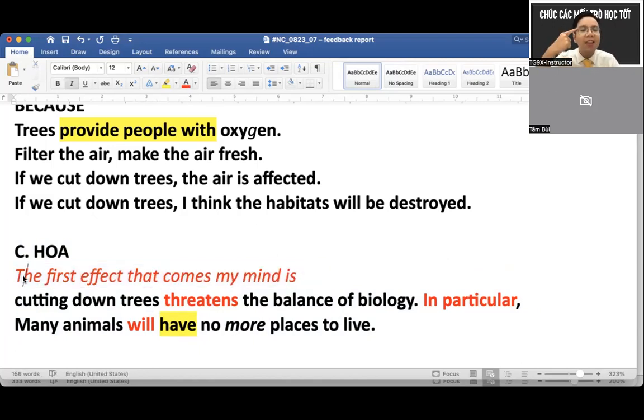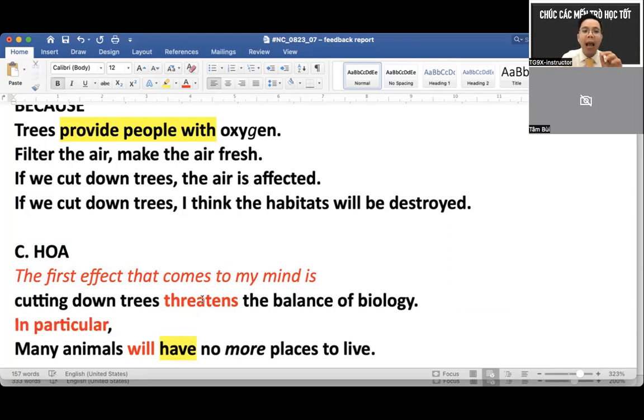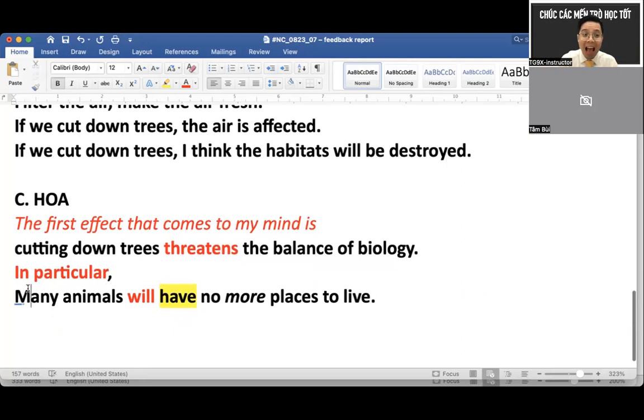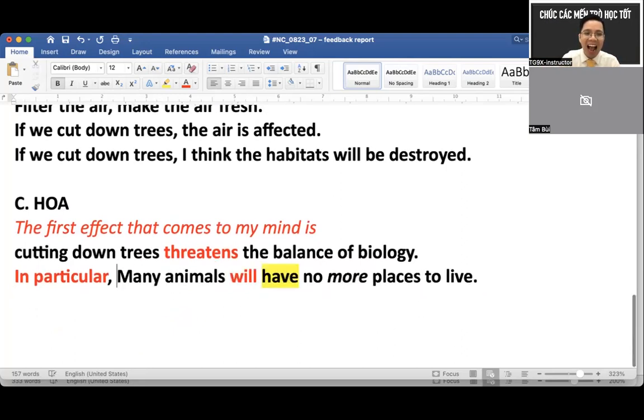The first effect that comes to my mind is cutting down trees threatens the balance of biology. In particular, many animals will have no more places to live. Very good. Thank you so much.